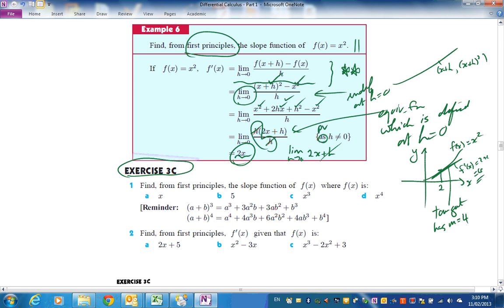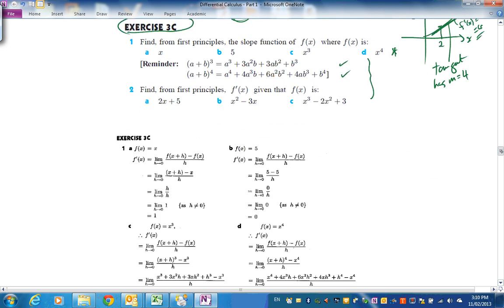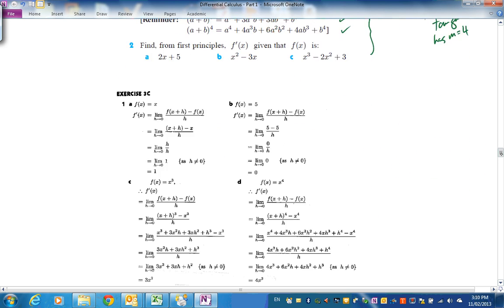Right, here are yours. Find the slope function for this set here. Just remember you'll have to do your cubes and the power 4 expansions, binomial, in these. So write out the definition, try to follow it through. I'd like you to try and do those. And once you've had a go at one, toggle forward and look at the fully worked solutions there.